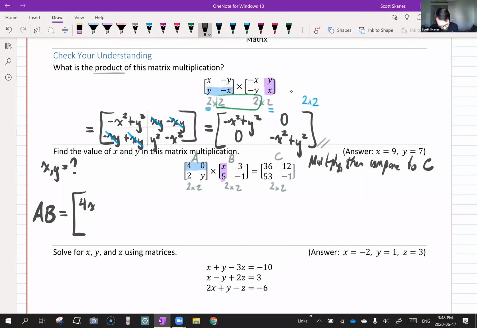If I do the first row second column, I have 4 times 3, which is 12. And then I have 0 times -1 is 0. So I'm going to do now the second row, second column since I'm on it already. That'll be a 6 plus a -y, or -1.